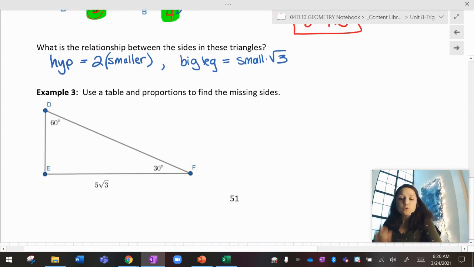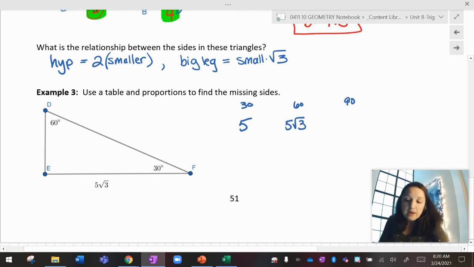Okay? So what happens is when you have a 30, 60, 90, the side across from 30, the smallest side, can be whatever it wants. I'm going to use the 5. The side across from 60 is 5 times the square root of 3, and the side across from 90, your hypotenuse, is 5 times 2, which is 10.